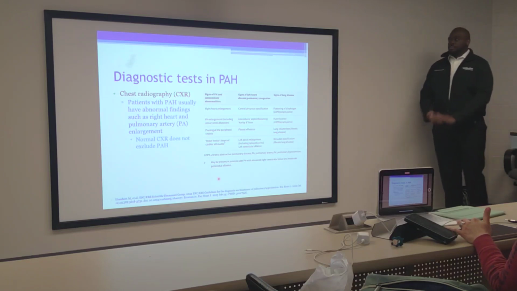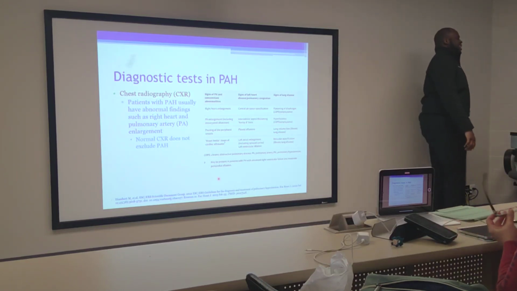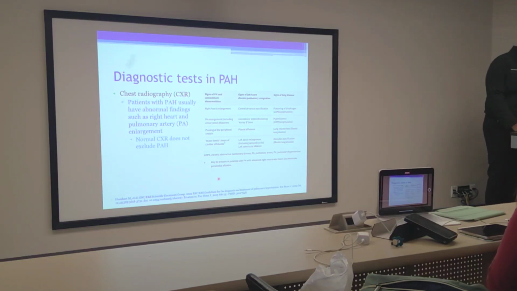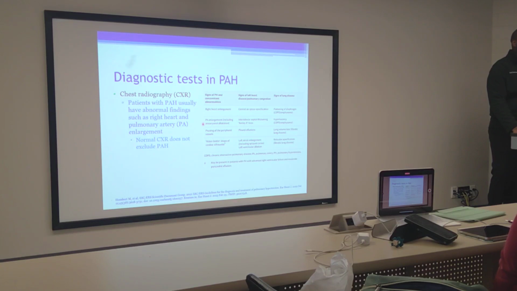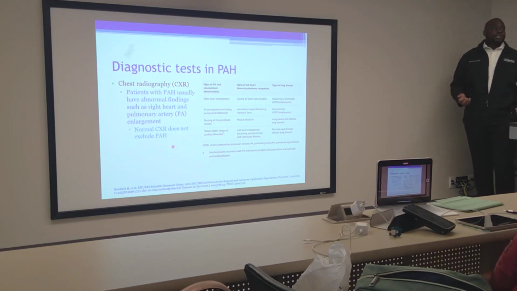Now we also have the X-ray that we use for diagnostic purposes. I'll say pay more attention here to the signs of PAH and abnormalities. Know that patients with PAH usually have abnormal findings such as right heart and pulmonary artery enlargement. That's pretty much all you need to be aware of as far as PAH.